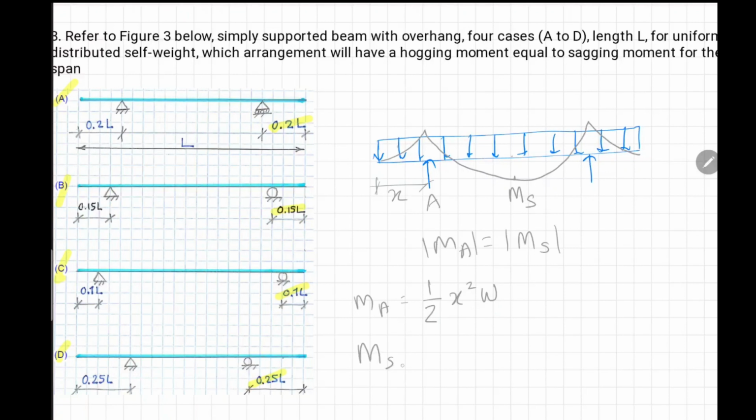And MS, the moment, if you remember, when we have a precast pile, we lift at the 1/5 point, so that is 20%. If we solve this equation, the correct answer will be A, because 1/5 is 0.2 L.